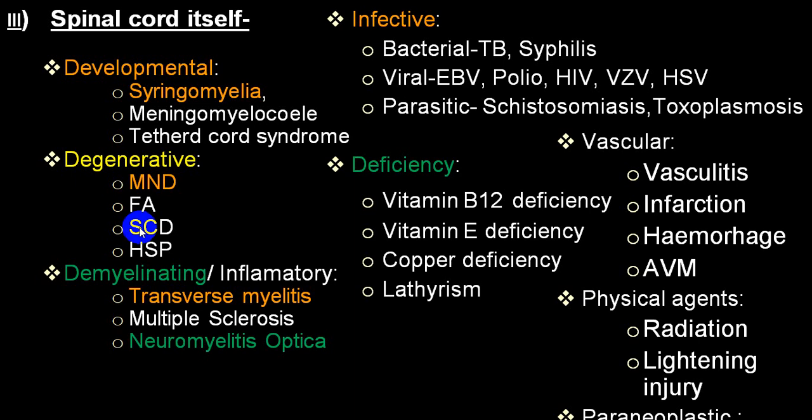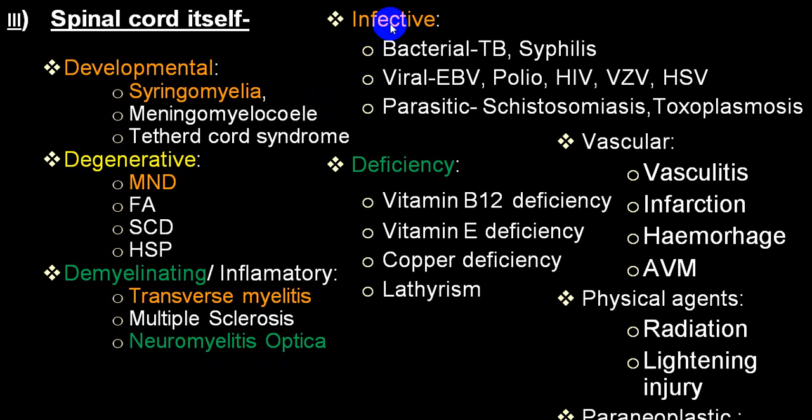Then certain other diseases like Friedreich's ataxia, subacute combined degeneration, hereditary spinal involvement, demyelinating or inflammatory disease like transverse myelitis, multiple sclerosis, neuromyelitis optica.